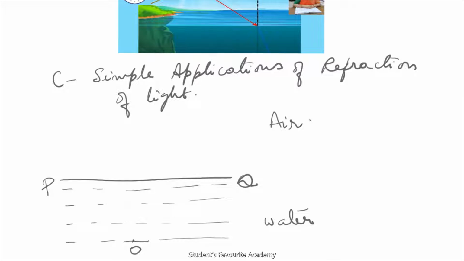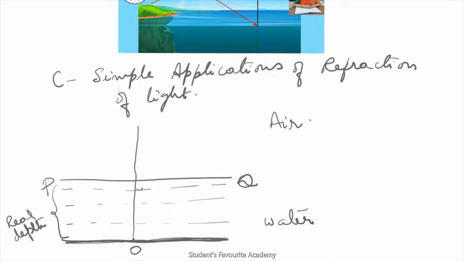Now, the real depth is this. This is the base of the vessel or wherever you have kept. So this is the real depth, right? You have kept the object here at point O. Now, suppose a light ray from the object strikes at 90 degree and goes undeviated.